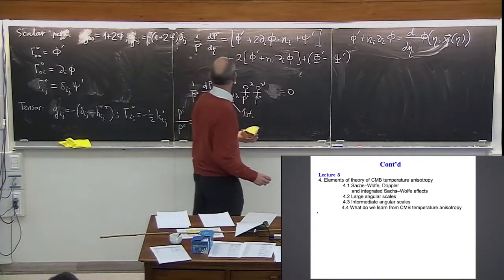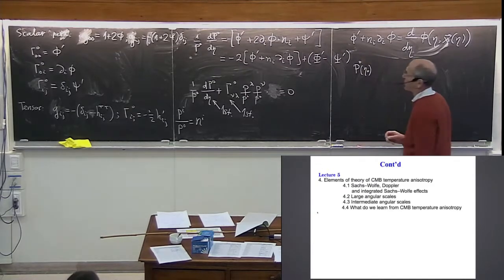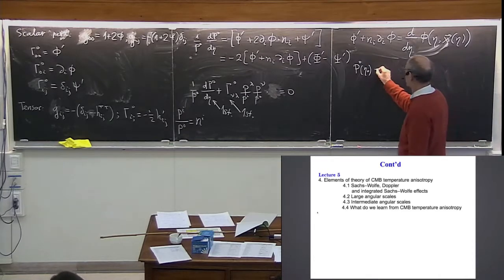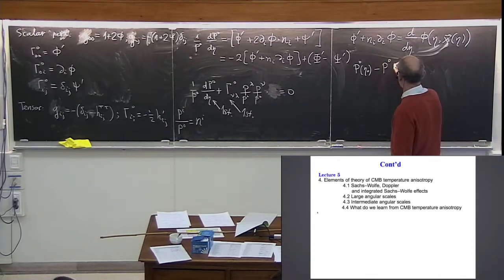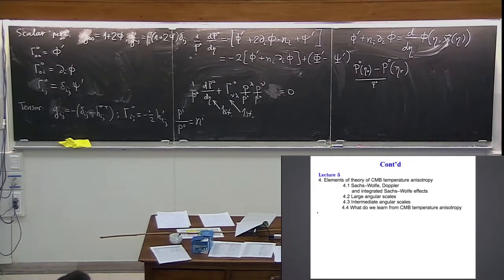Okay, so finally I get the following thing. I get that the photon energy at us, at eta naught, in our place, minus photon energy at emission, and let me call it recombination, at R, is this integral divided by p naught, the unperturbed photon energy. It's this integral, right?